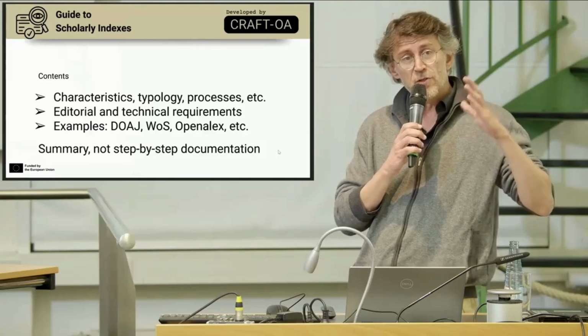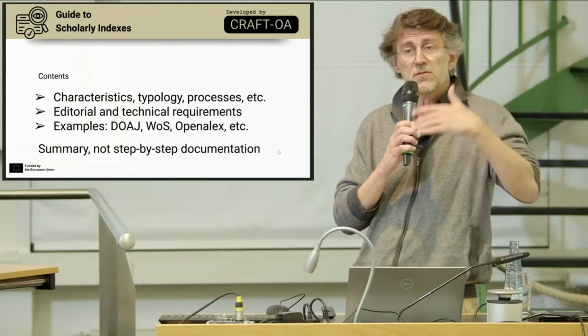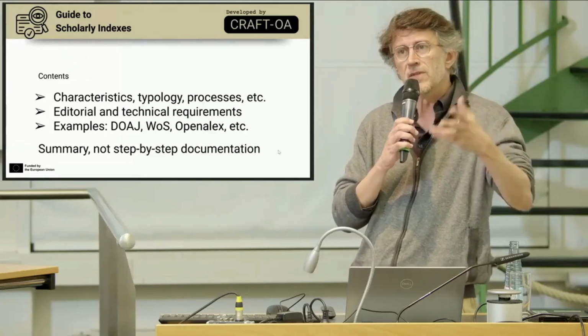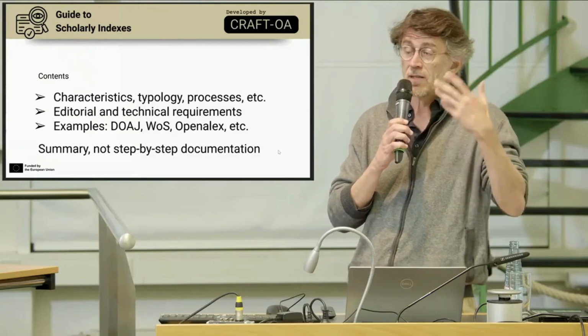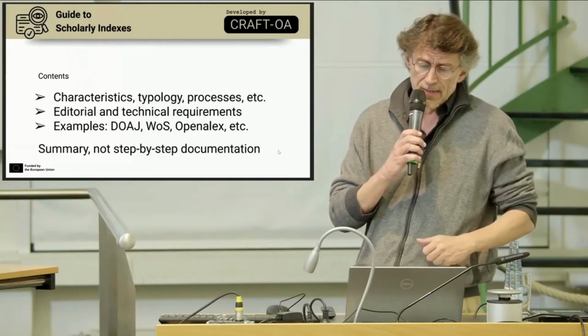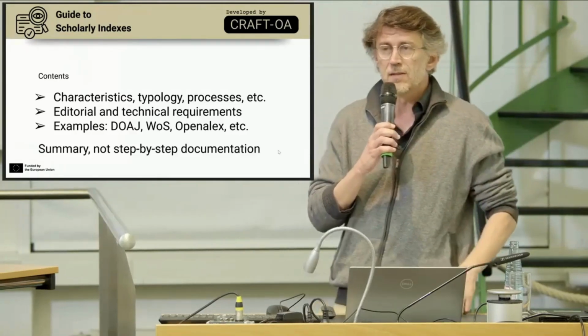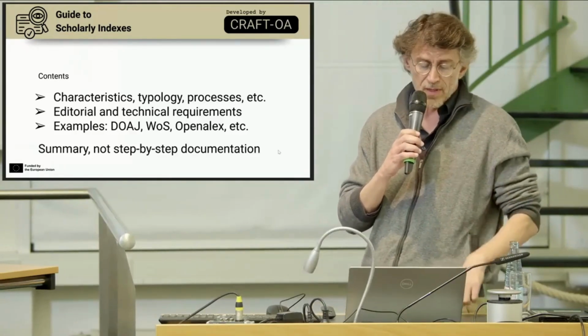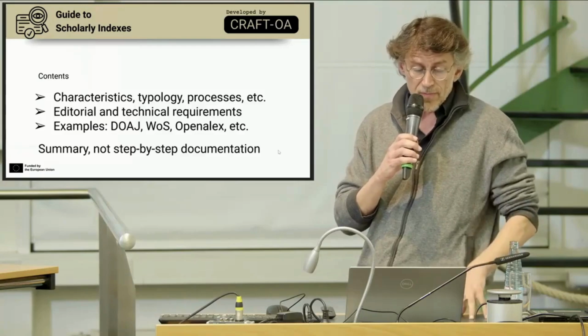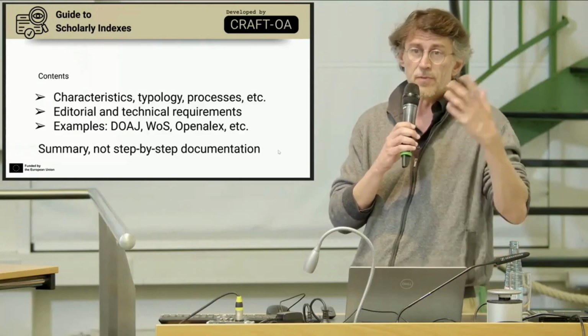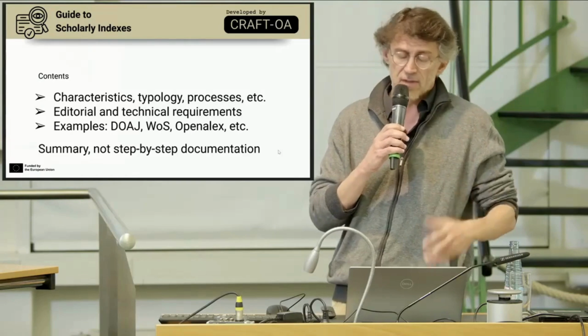You also have a distinction between technical requirements, mainly regarding metadata standards, metadata quality, extension, and so on, and editorial requirements, because some scholarly indexes have requirements concerning editorial aspects, the rhythm of publication, the number of publications, that kind of thing.